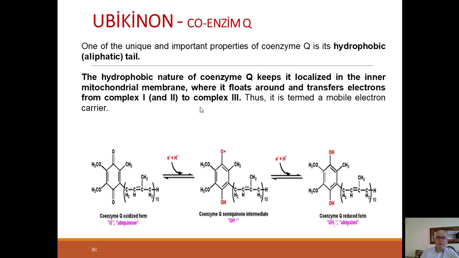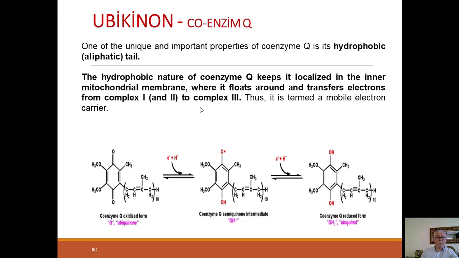Also, it has one hydrophobic tail and is accepted in lipid form. The hydrophobic nature of coenzyme Q keeps it localized in the inner mitochondrial membrane, where it floats around to transfer electrons from complex 1 and 2 to complex 3, and we call it a mobile electron carrier.